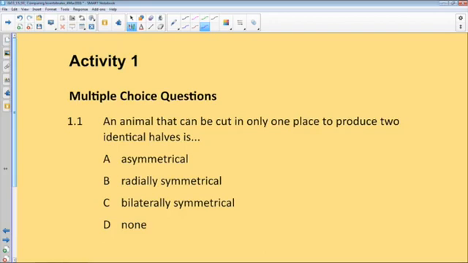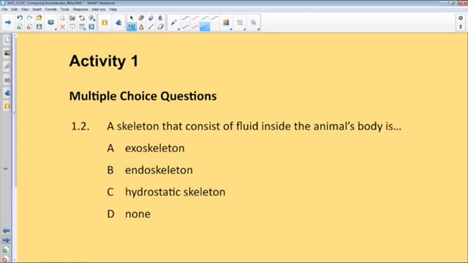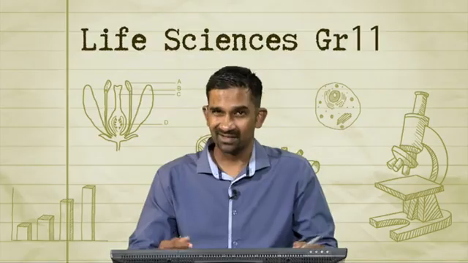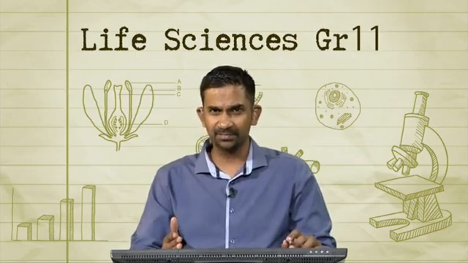Let's look at another question. 1.2. A skeleton that consists of fluid inside the animal's body is: A. Exoskeleton, B. Endoskeleton, C. Hydrostatic skeleton, D. None. So guys, 2 multiple choice. I'm sure you can have a quick discussion. I'll give you a minute and we'll get back and look at these answers.